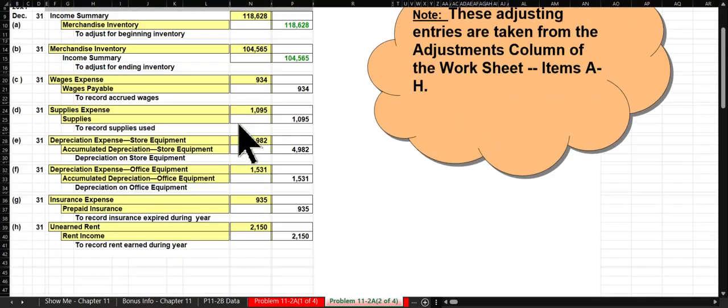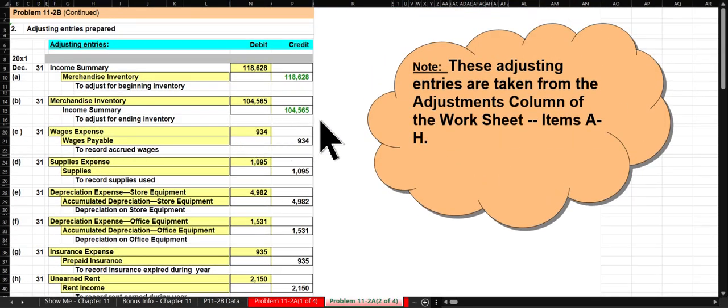This page of the template is to simply officially enter into our journal and therefore ultimately into the ledger the adjustments that we have made. Because remember, these adjustments were made to the unadjusted, and so we have to post them in order for the adjusted numbers to now be reflected in the ledger.